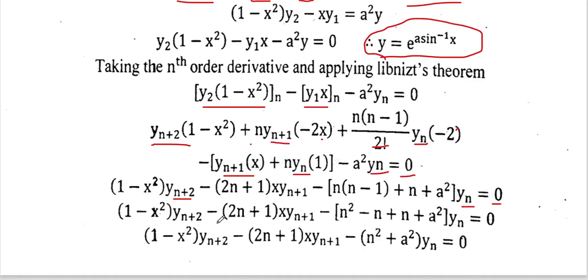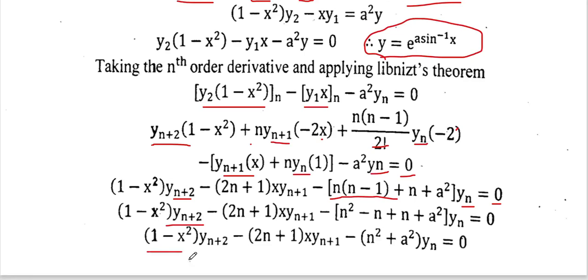What is the next step? The first term is 1 minus x square y n plus 2, as it is. Then the second term 2n plus 1 x y n plus 1, as it is. Multiply this term into this bracket, that is n square minus n plus a square, y n, as it is.